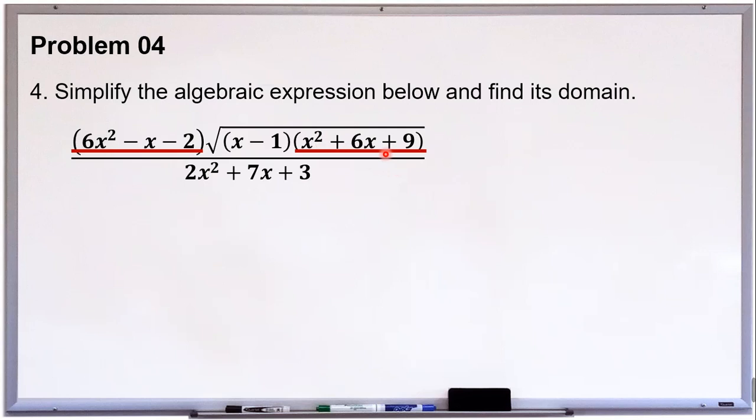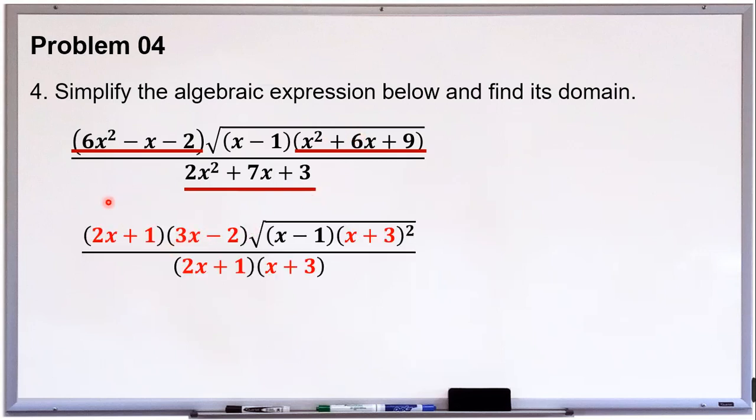This is a perfect square trinomial because the first term is a perfect square and also the last term. And the last trinomial expression can be found in the denominator. You have 2x squared plus 7x plus 3. Okay, so again, this one and this one, the method in factoring is by trial and error. This one, we can use the perfect square trinomial formula. Now these are the factors.